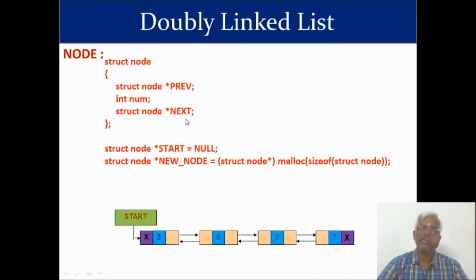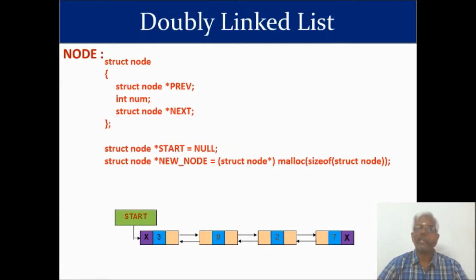Next, we see how to define the node of a doubly linked list. We already discussed how to define node in singly linked list and circularly linked list. Both are similar. In struct node, here there are 2 pointers. One is PREV, previous, another one is NEXT, next. So, the first part is creating a pointer to the previous node.